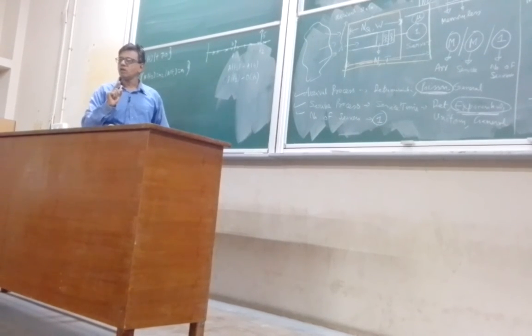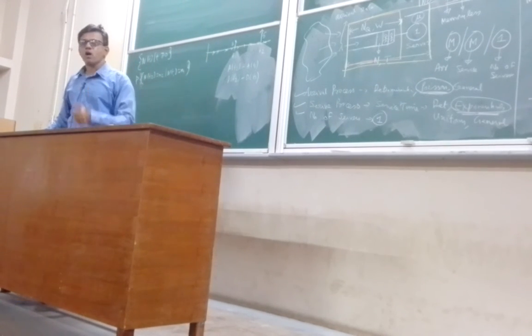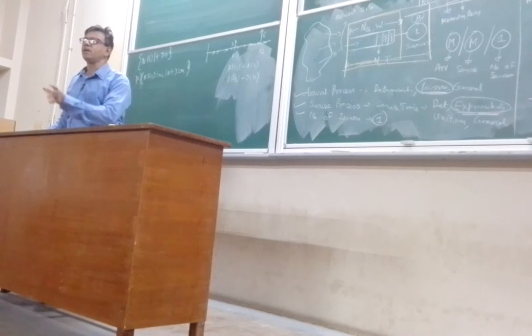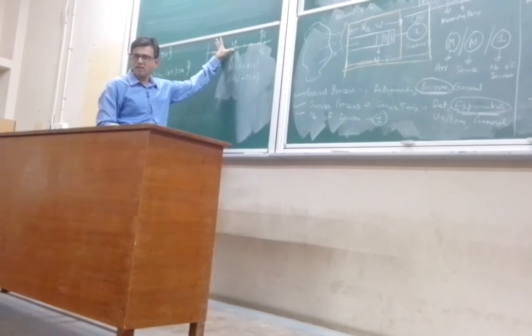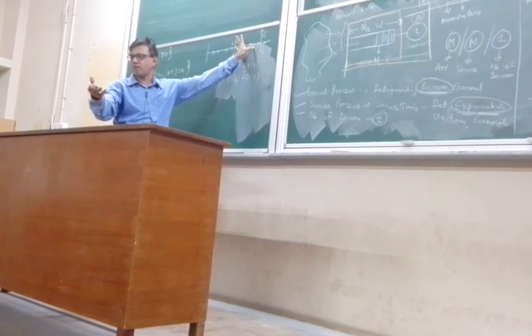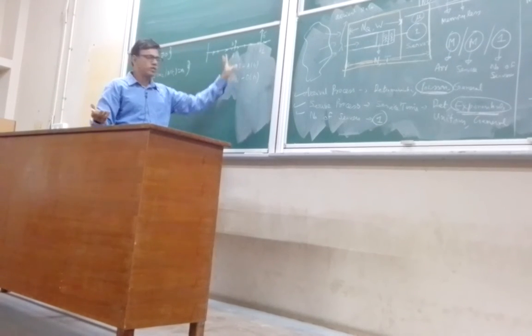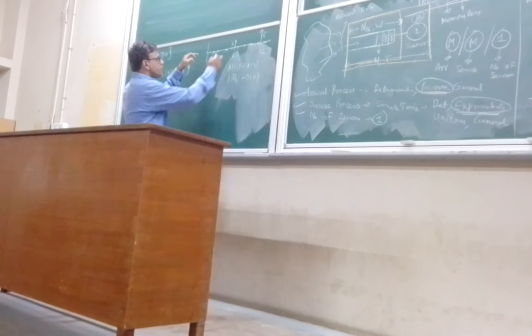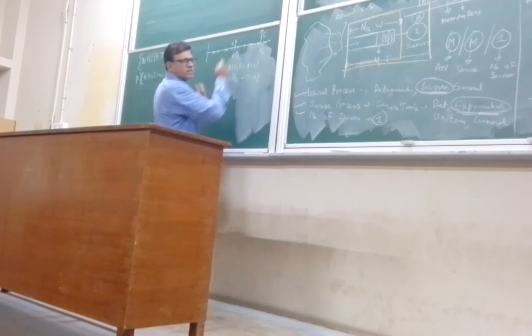But we know from the counting process that they have an independent increment property. That is, the number of arrivals in this interval is independent of the number of arrivals in another non-overlapping interval. We saw this property. A of t is a Poisson process, D of t will also be like that, you will see. So therefore, the number here is not going to influence the number of arrivals or departures here.